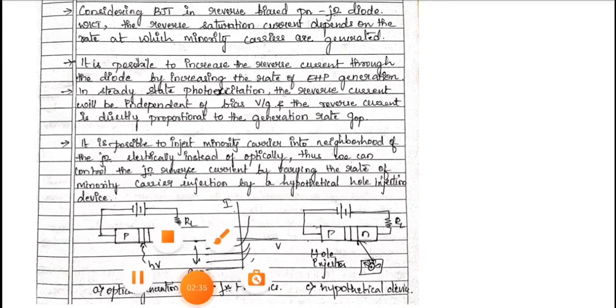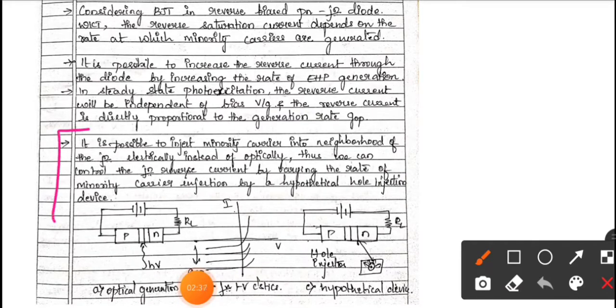So it is possible to inject minority carriers into the neighborhood of the junction electrically instead of optically. Thus, we can control the junction reverse current by varying the rate of minority carrier injection by a hypothetical Hall injection device.